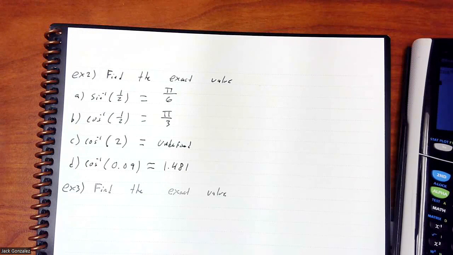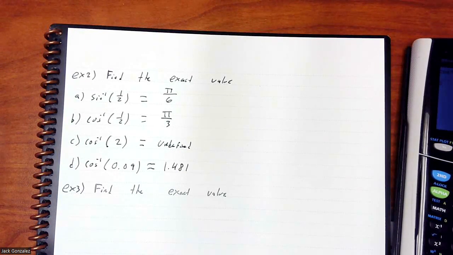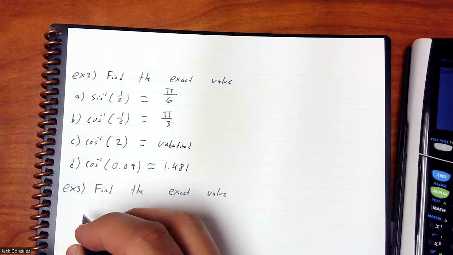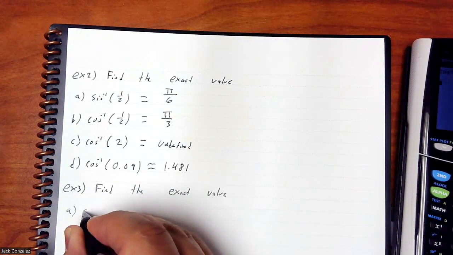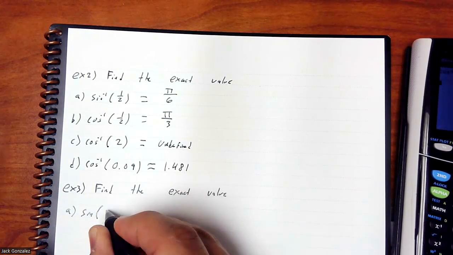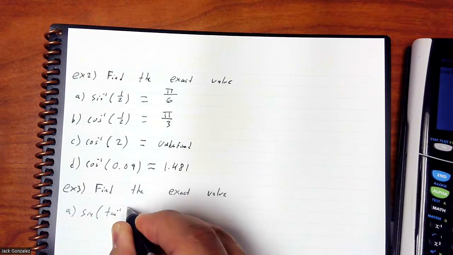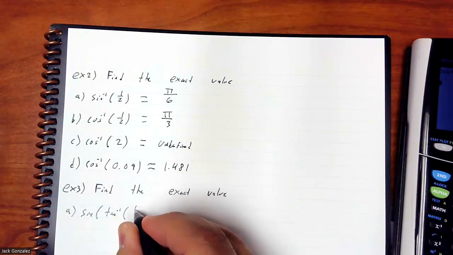Okay, show your work, give me an actual non-decimal answer. All right. So part A, sine of tangent inverse of 12/5.